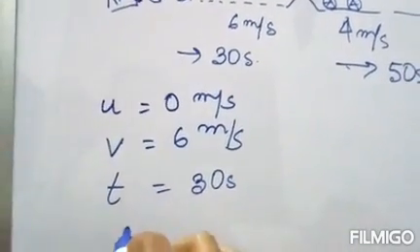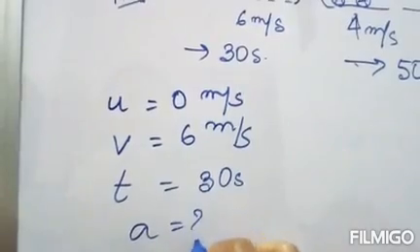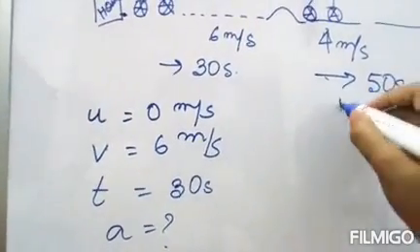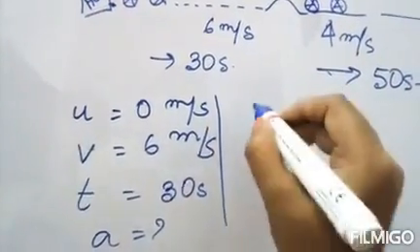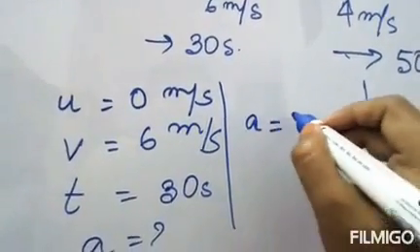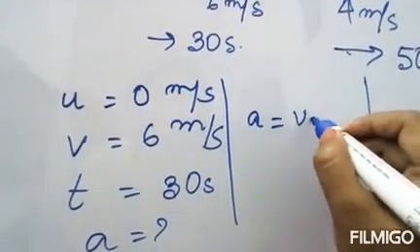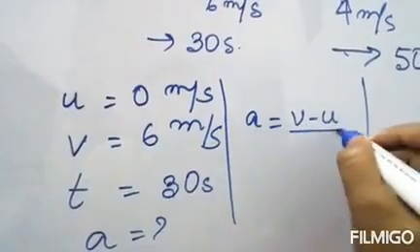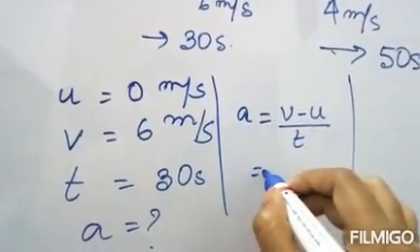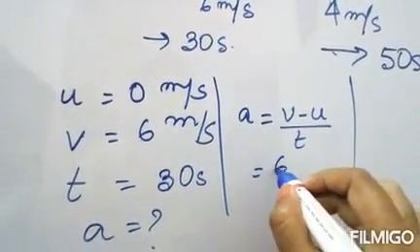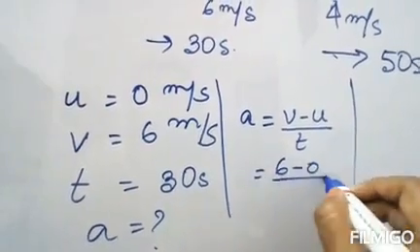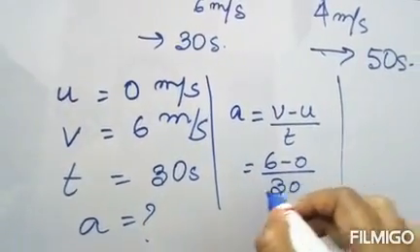So what will your acceleration be? In this case, your acceleration will be final velocity minus initial velocity by time, which means 6 minus 0 by 30. Correct?